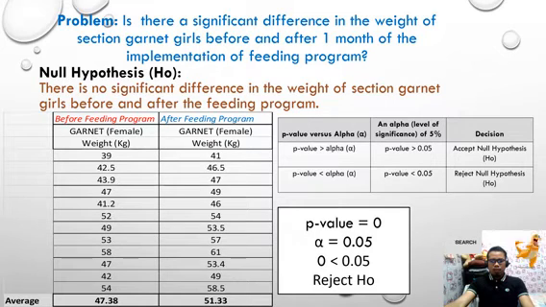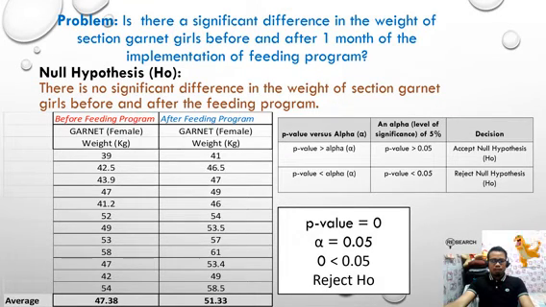If the p-value is greater than 0.05, accept the null hypothesis. If the p-value is less than 0.05, then reject the null hypothesis. It showed that the p-value is 0 and the alpha is 0.05. Since 0 is less than 0.05, we reject the null hypothesis.